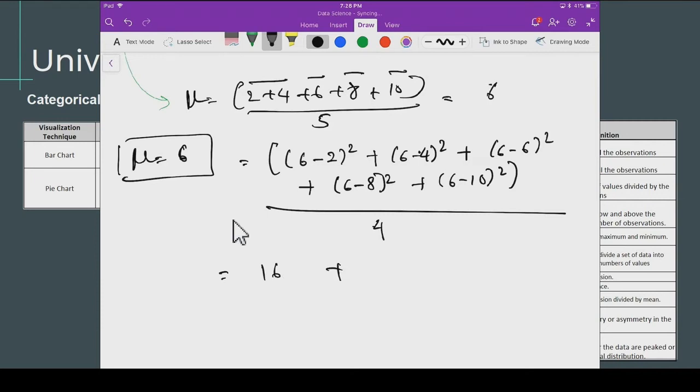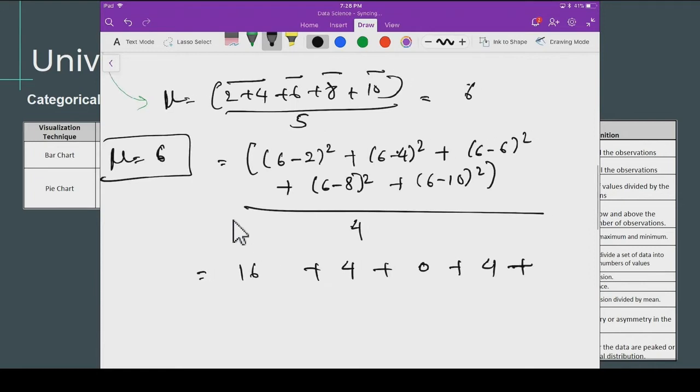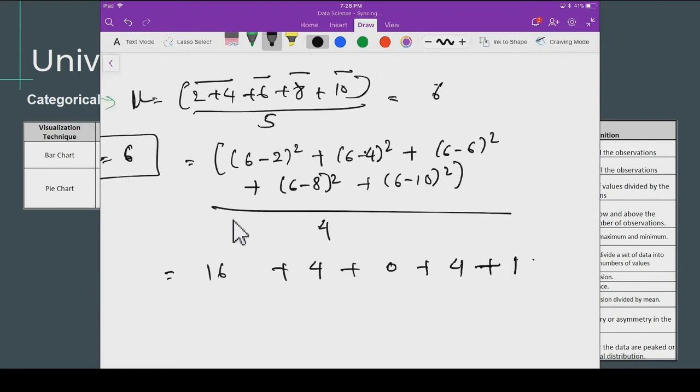Second would be 6 minus 4, which is 2. The whole square of 2 is 4. Plus 6 minus 6 is 0. Again, 6 minus 8 is minus 2, and the square is 4. And 6 minus 10 is minus 4; minus 4 square is 16. We have plus 16, divided by 4.